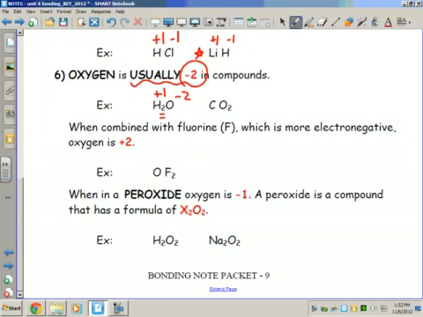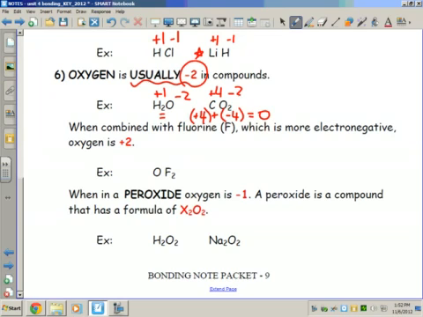Two of the positive ones plus a -2 gives you an overall charge of 0. Here, -2 for oxygen, it follows its rule, because I'm giving you two of the non-exceptions. -2 times 2 is -4. So the carbon has to add up with -4 to equal 0, meaning the one carbon must be a +4. +4 and -4 equals 0. Those are two examples where oxygen follows its rule.